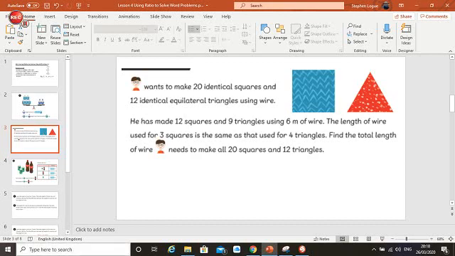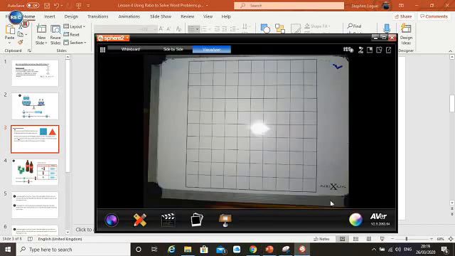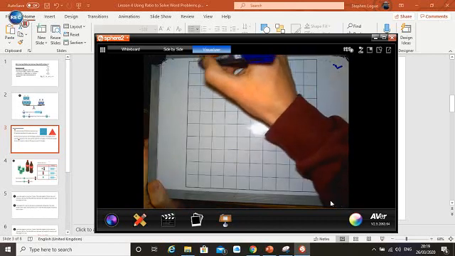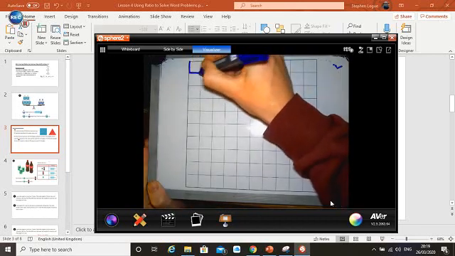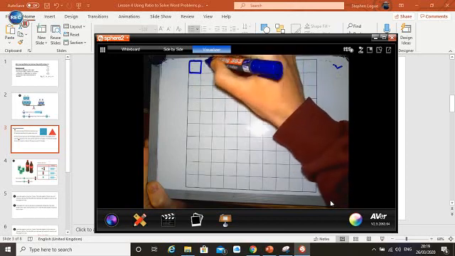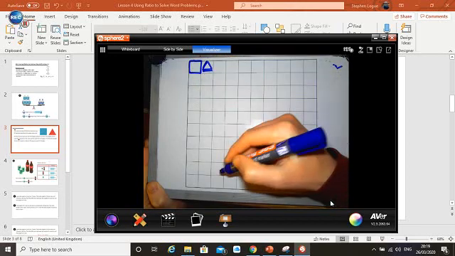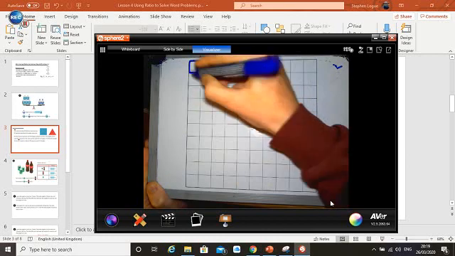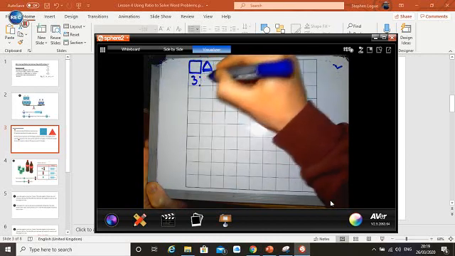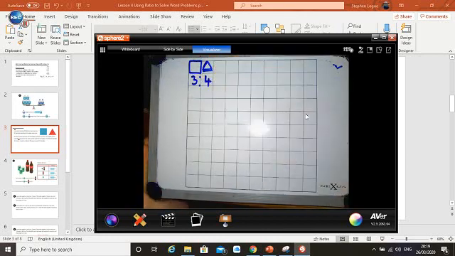So 12 squares and 9 triangles uses 6 meters of wire. Like before, we're going to need to convert the 6 meters of wire into centimeters. So 1 meter is 100 centimeters. So 6 meters must be 600 centimeters.